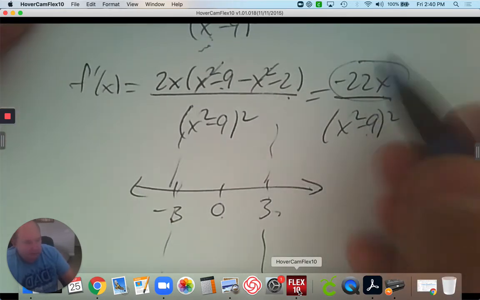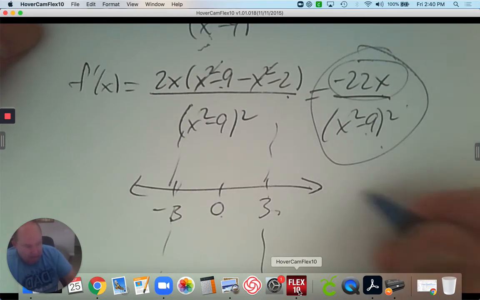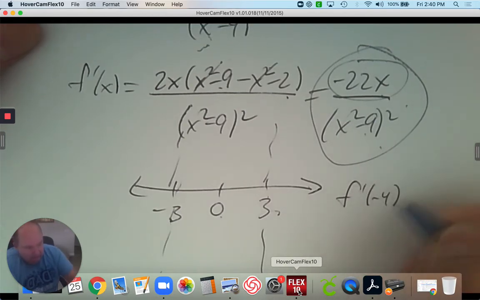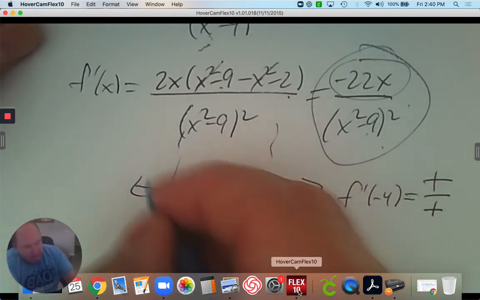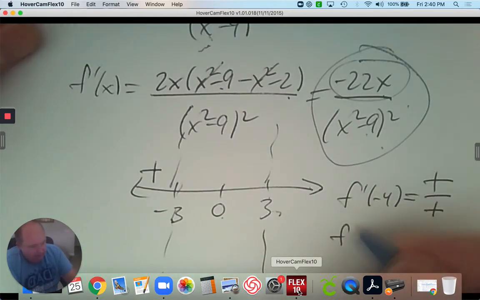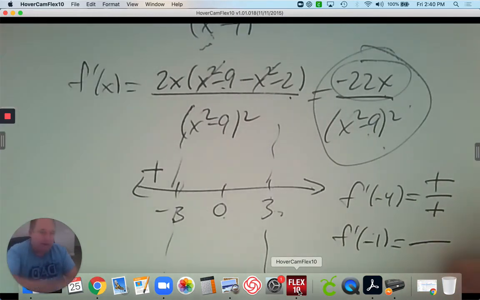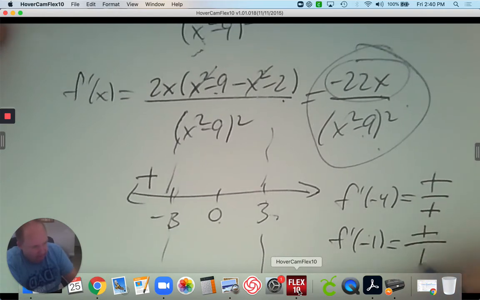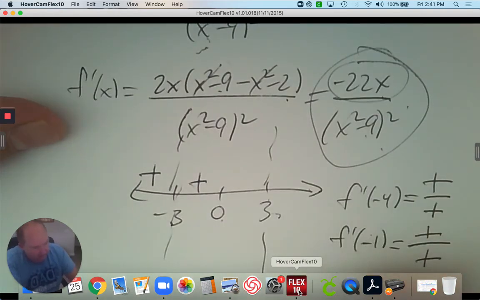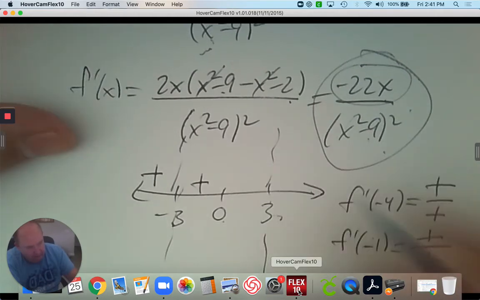So now plug into the derivative. The bottom is always positive. Let's say you plug in 4. The bottom is positive, negative times negative makes positive, and positive. Plug in a number between negative 3 and 0, like negative 1. That's a negative times a negative, so again, it's positive over positive. Plug in positive 1, and you get a negative over a positive.